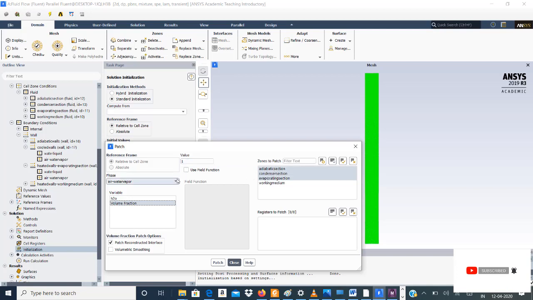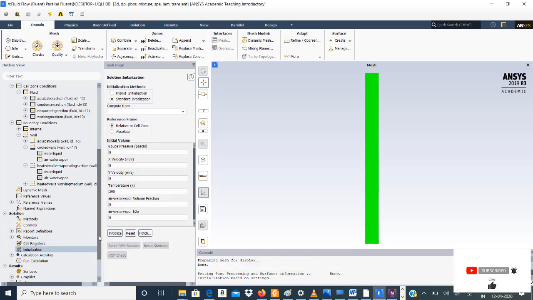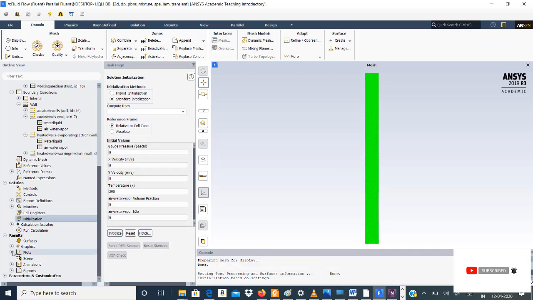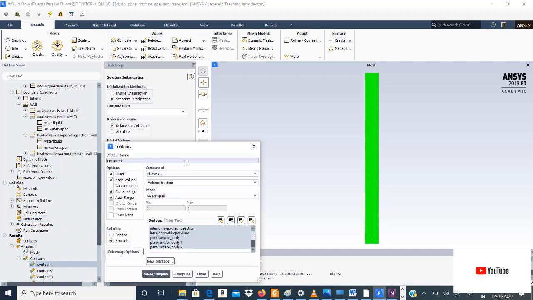Next, go to working media: deselect all, select working media, and the volume fraction of air water vapor in the working media is 0 because it is filled with water only. Click on patch with reconstructed interface, since it models the geometry in a good way. After that you can check the graphics, how the fractions are present.